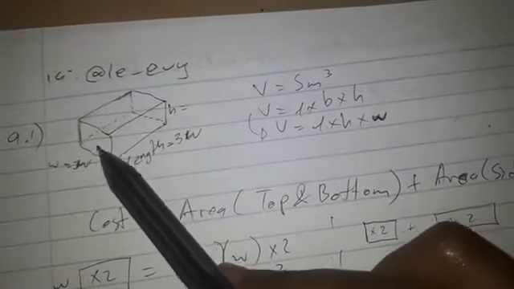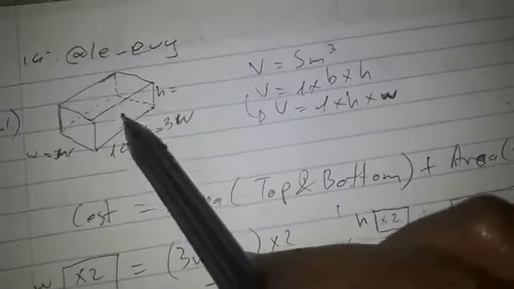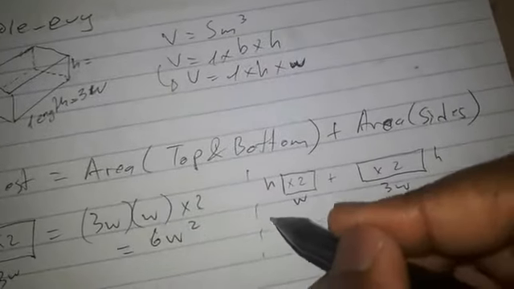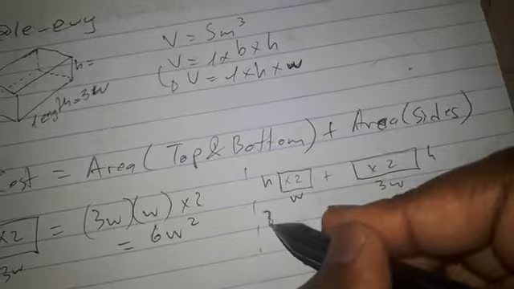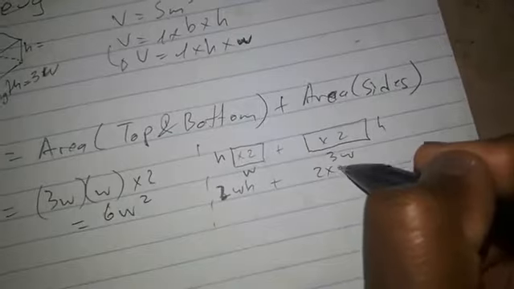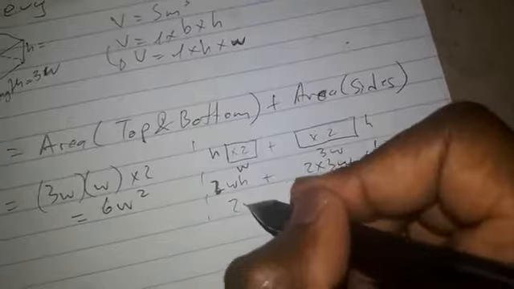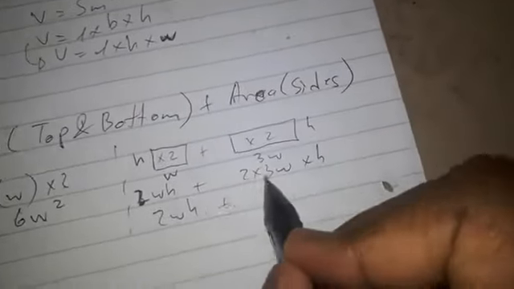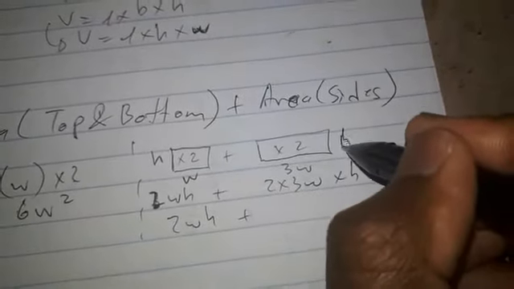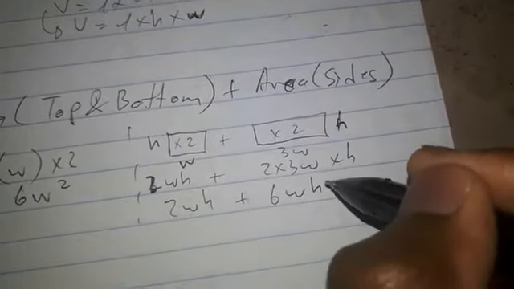So you see the front is W and H here, and then here it's 3W and H. So the area here is going to be 2 times W times H, and the area here is going to be 2 times 3W times H, which is 6WH.